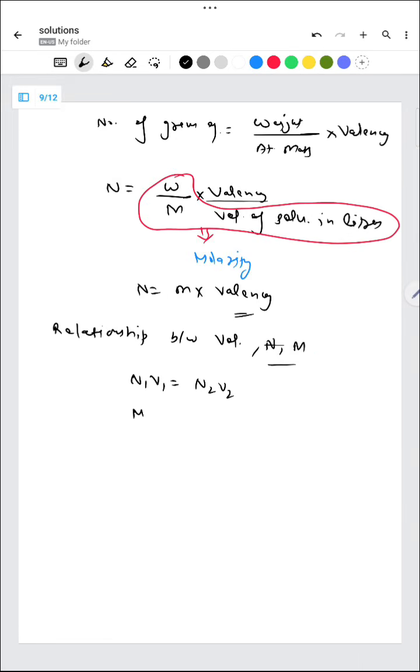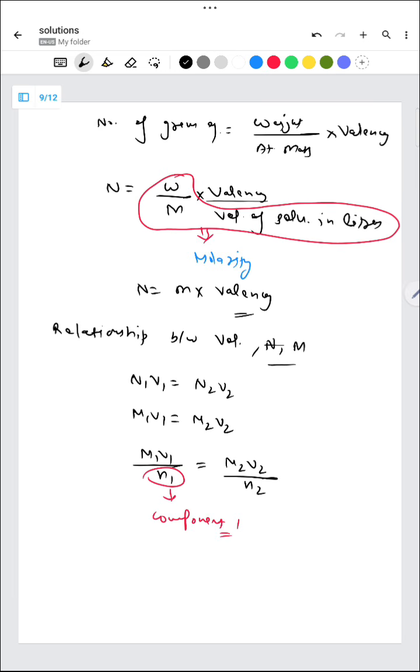Similarly, we have M1V1 is equal to M2V2, and for n number of moles, M1V1 by n1 is equal to M2V2 by n2, where n1 is the number of moles for component 1 and n2 is the number of moles for component 2.